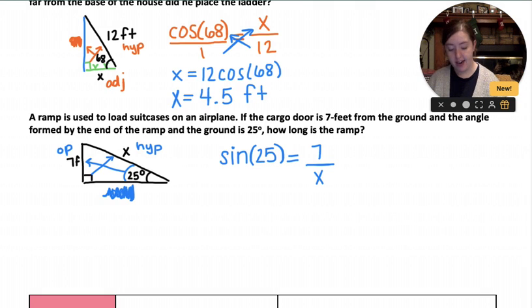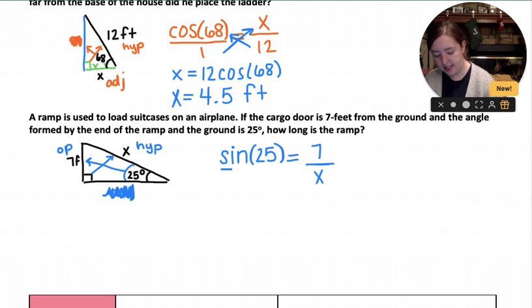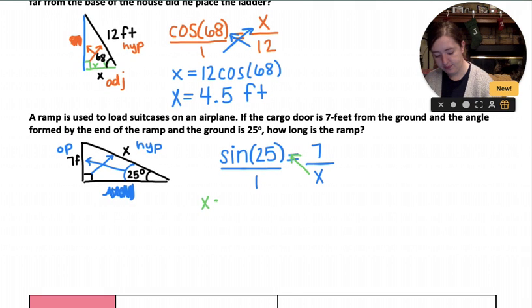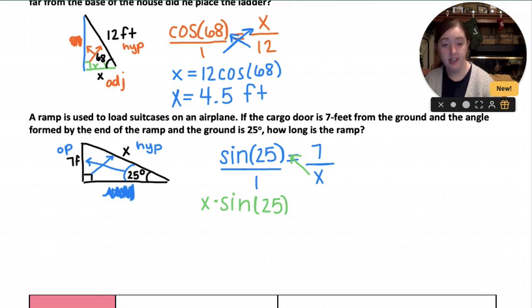Since x is in the fraction, I'm going to put sine of 25 over 1 and cross multiply. So I'll take x times the sine of 25 equals, and then 1 times 7 is 7. To get x by itself, it's being multiplied by the sine of 25, so we need to divide by the sine of 25 on both sides.